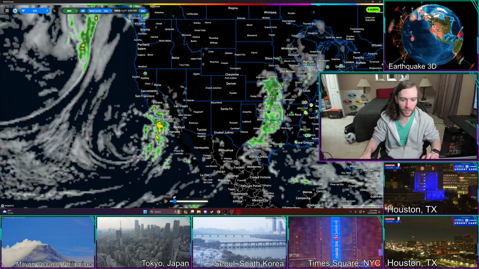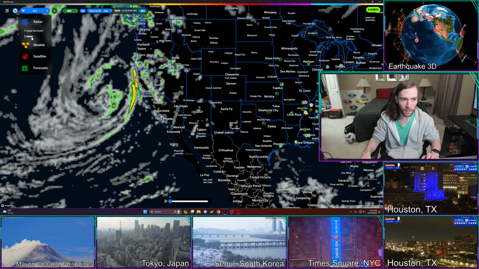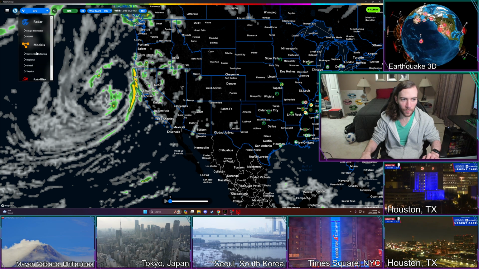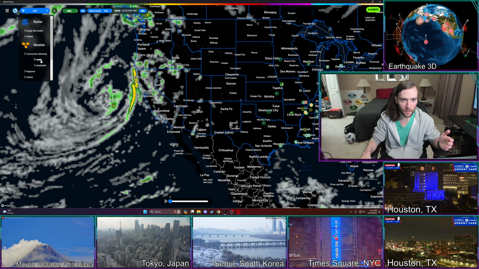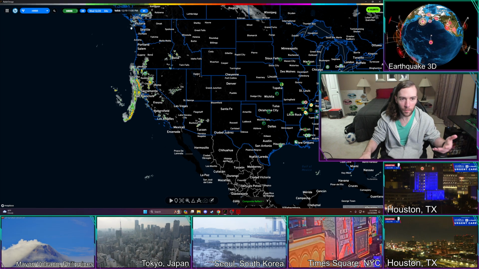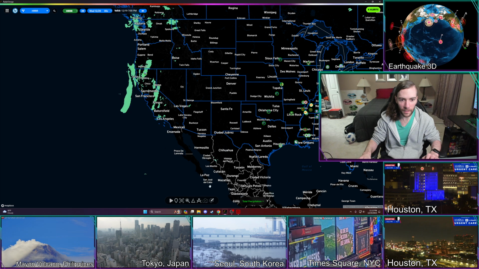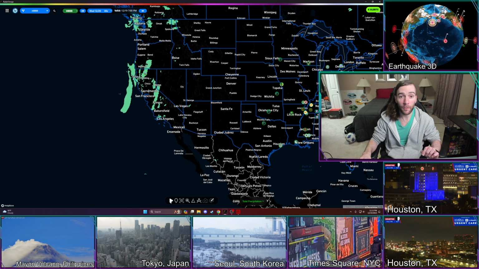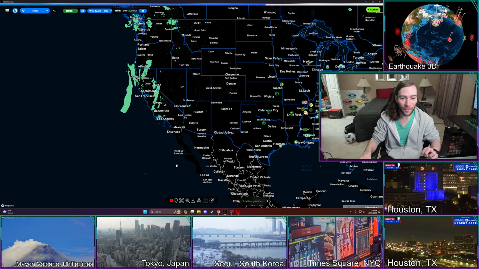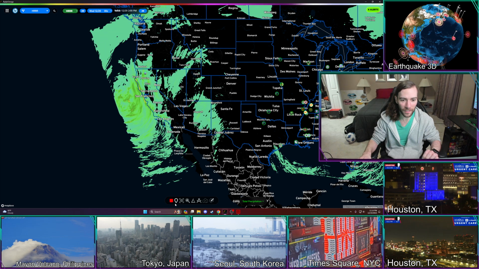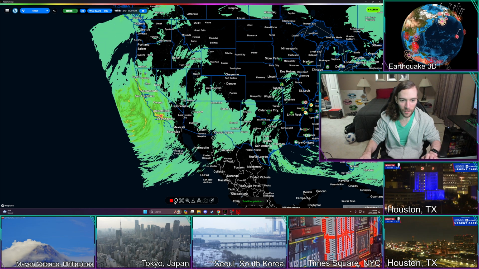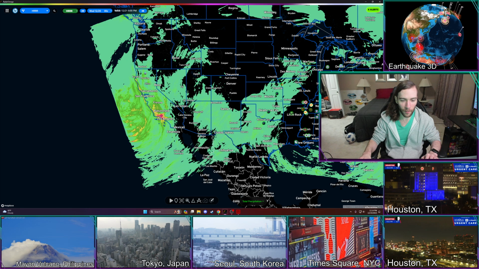But even this, based on just this short period, we're going to look at the total precipitation right now, and this will give us a better understanding, or give you, because I've already seen it, but it'll give all of us a better understanding of what this is going to look like. So as you can see, this is the 48-hour period.